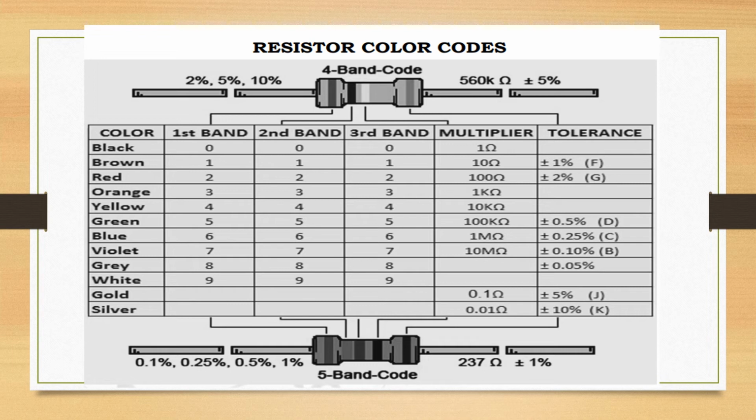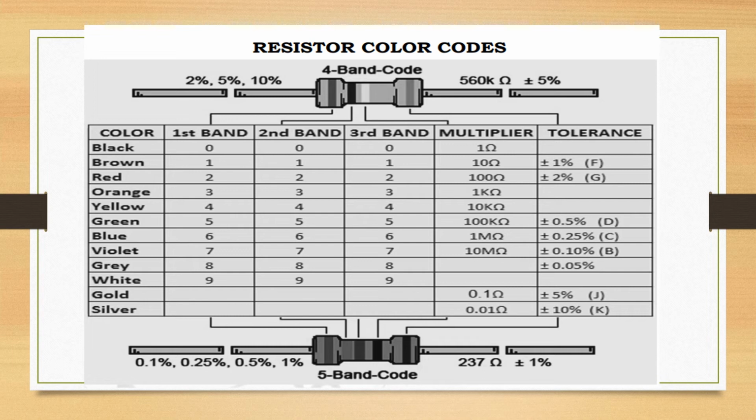There's no tolerance for yellow. For green, first to third band, the equivalent is 5, and the multiplier is 100 kilo ohms. Its tolerance is plus or minus 0.5%. For blue, first to third band, 6.